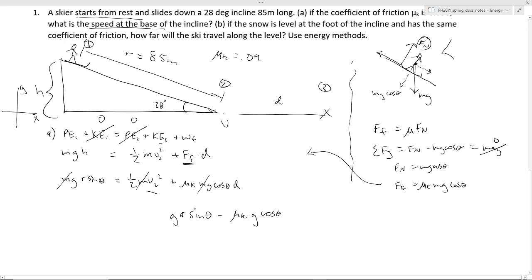Wait a second, I have two different variables for the same thing. Let me fix this. Let's call this d and this d2. So this force of friction would be times d. This would be a d as well, just to make things consistent here. d mu k g cosine theta.